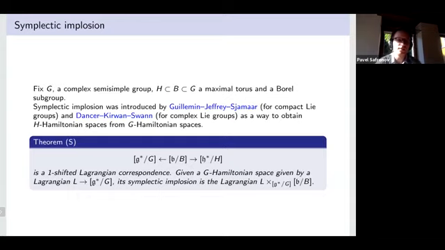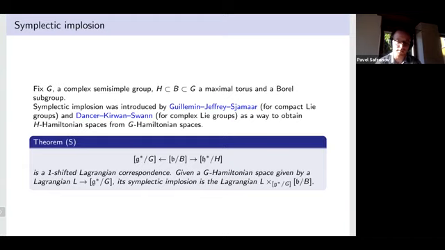In the case of compact groups, this was defined in, I think, 2000 by Guillemin, Jeffrey, and Sjamaar, and somewhat more recently for either actions of complex Lie groups on holomorphic symplectic varieties or compact Lie groups on hyperkähler varieties. It was defined by Dancer, Kirwan, and Swann. And I will be talking about the latter version, so I'll be talking about complex semisimple groups. And I will not say what it is exactly, because the definition is somewhat involved.